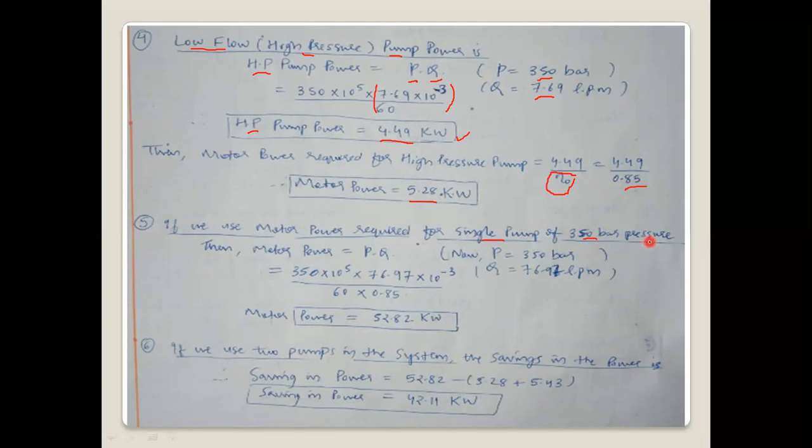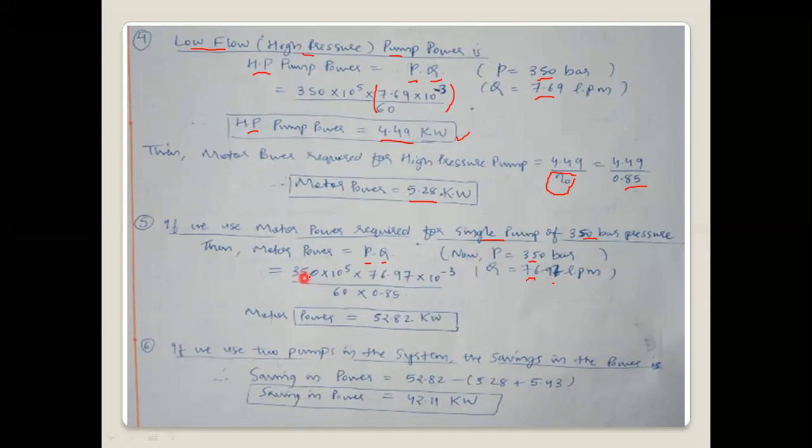Then we have to calculate the motor power required for a single pump of 350 bar pressure. If you are using only a single pump of 350 bar, then the motor power is equal to pressure multiplied by Q. The pressure here is 350 bar, and I will take the maximum discharge, that is the total discharge, 76.97.